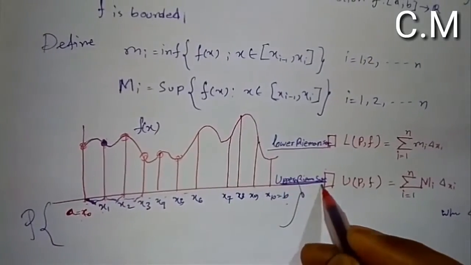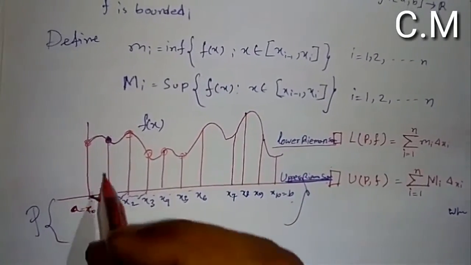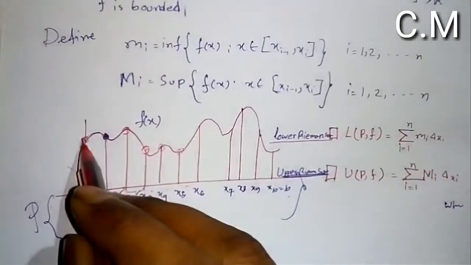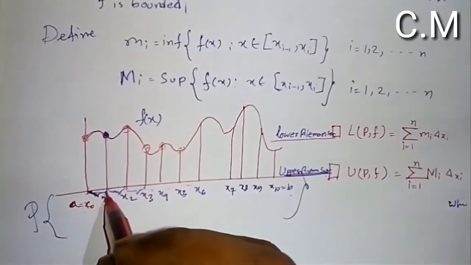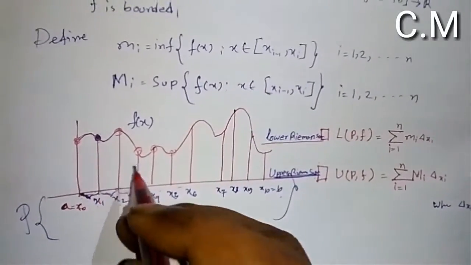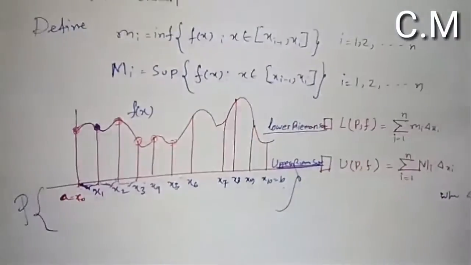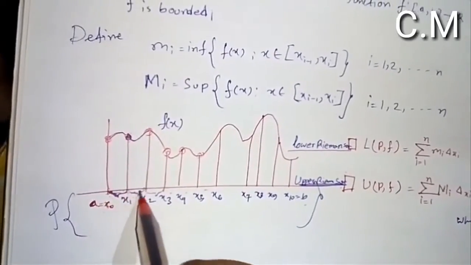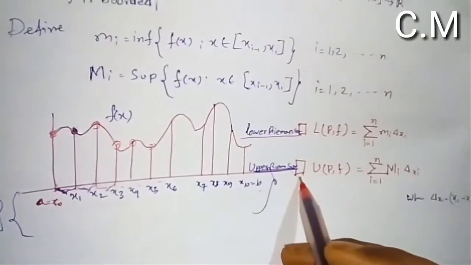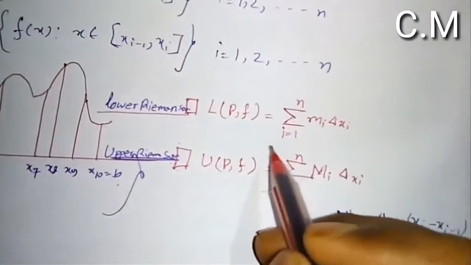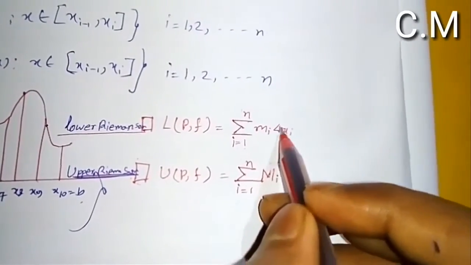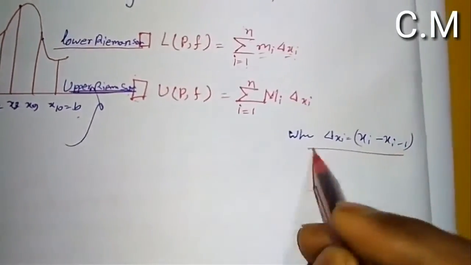At the same time, what is the upper Riemann sum? The summation of all the greatest values of the function over all the intervals is called the upper Riemann sum, and it is defined as the summation for i equals 1 to n of m_i del xi. What is del xi? Del xi means the length of any of the subintervals.